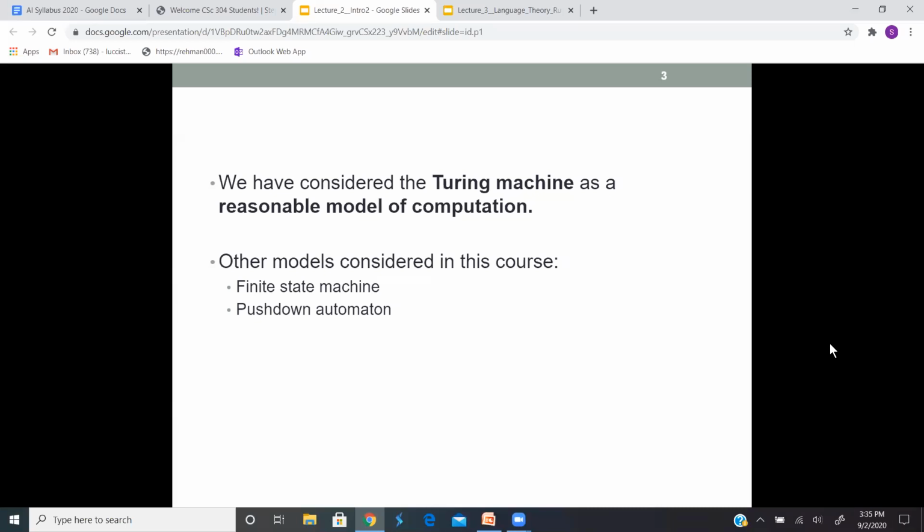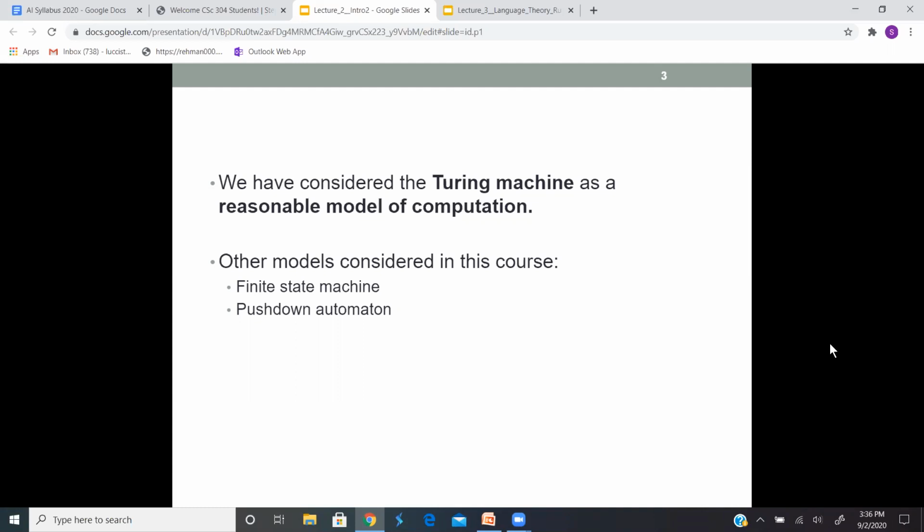All right, so the Turing machine, what we're saying here is the Turing machine is a reasonable model of computation. What we mean by that is that in a finite amount of time, I know you think these lectures go on for an infinite amount of time, but in a finite amount of time, we can do a finite amount of work.